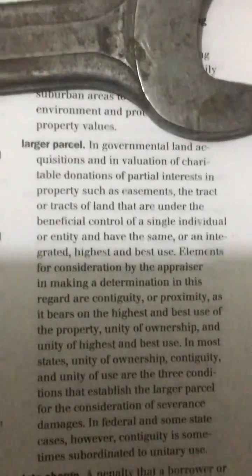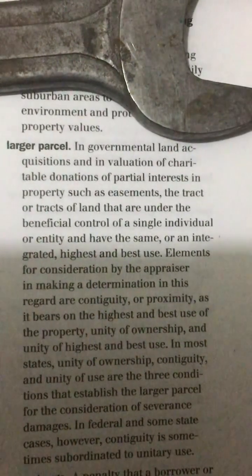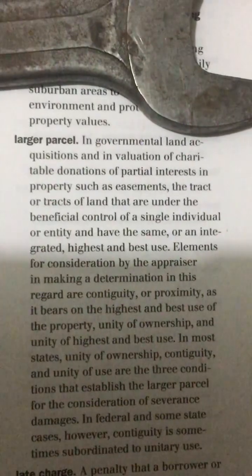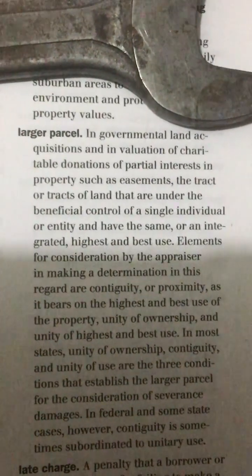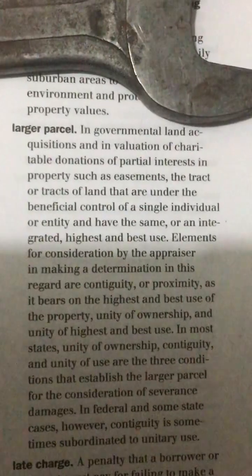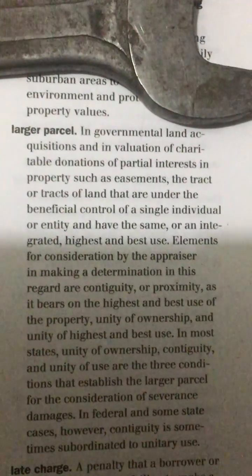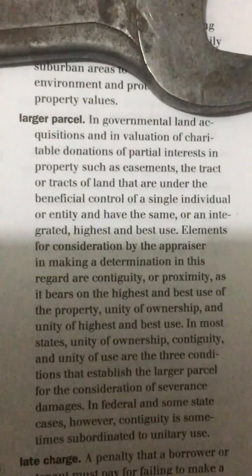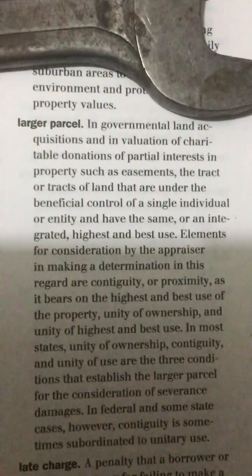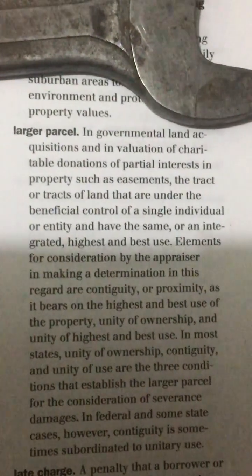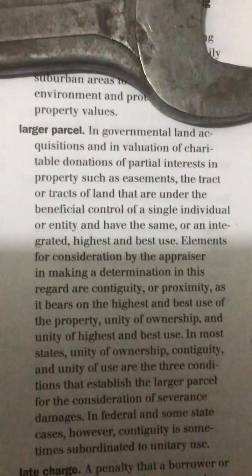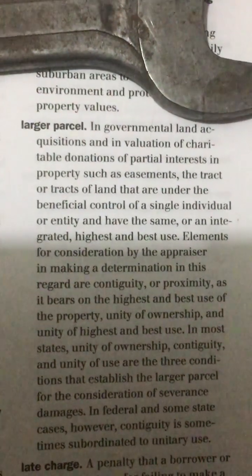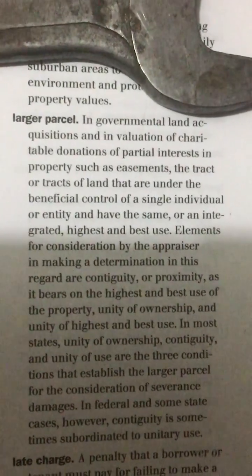Larger parcel. In governmental land acquisitions and in valuation of charitable donations of partial interests in property such as easements, the tract or tracts of land that are under the beneficial control of a single individual or entity and have the same or an integrated highest and best use.